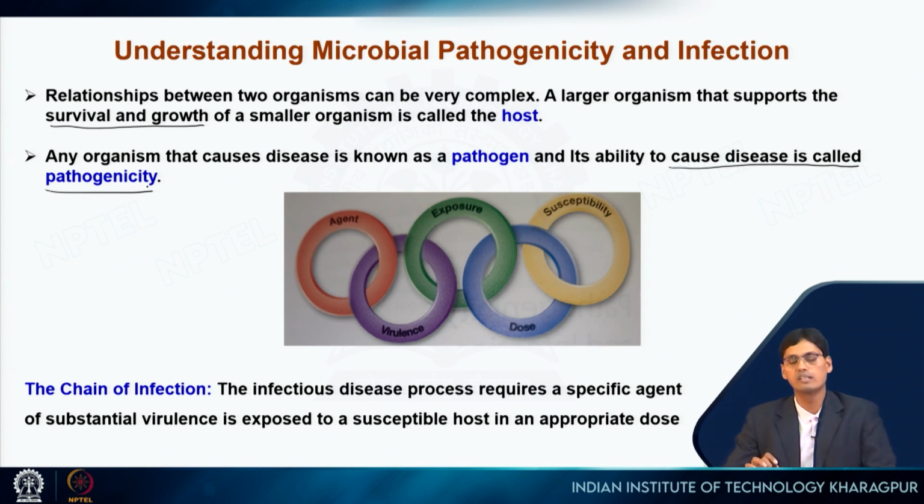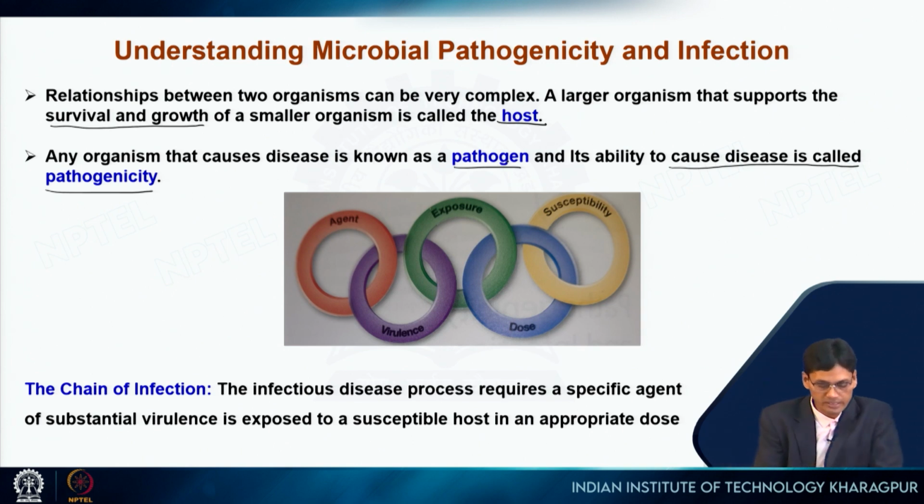So I just discussed host, pathogen and pathogenicity, and together we say host-pathogen interaction. A pathogen is coming into a host organism and then there is some kind of complex relationship, and there are many things that determine whether some infection, some disease will happen or not.